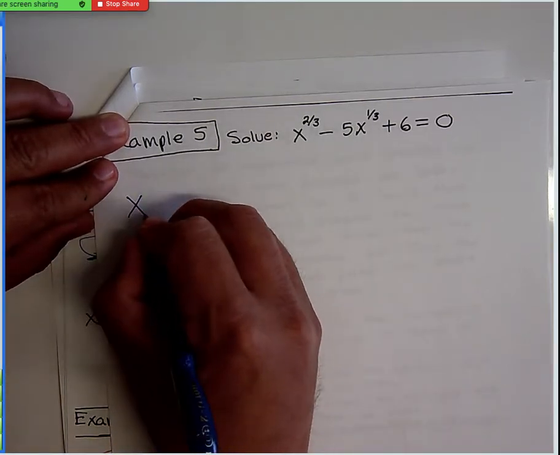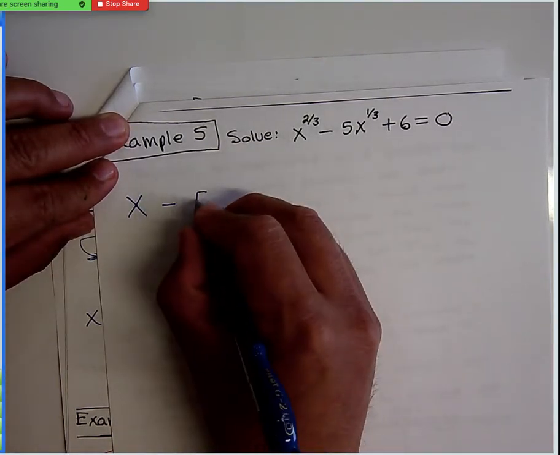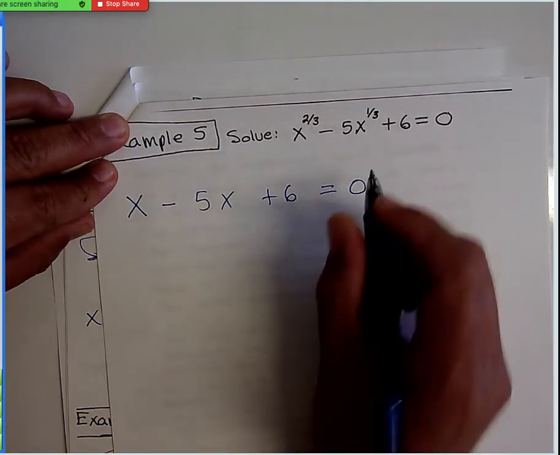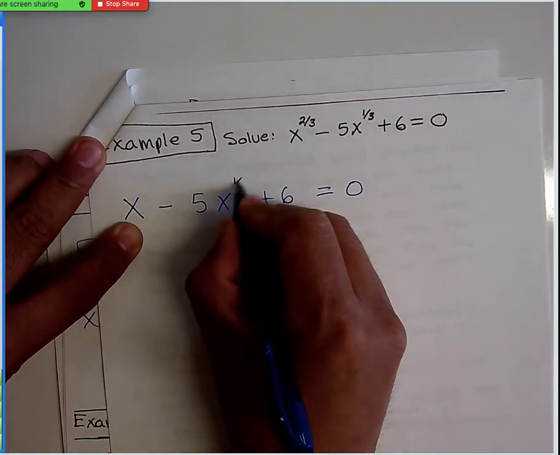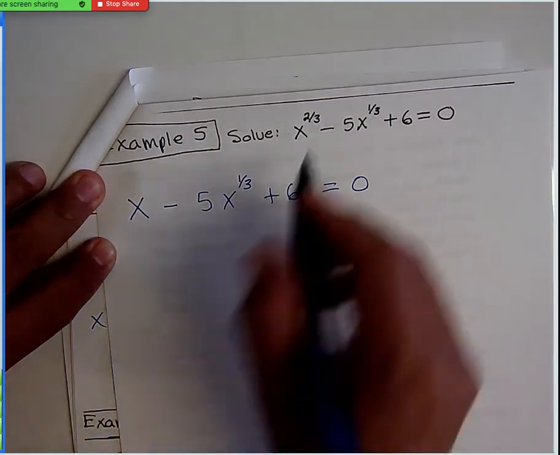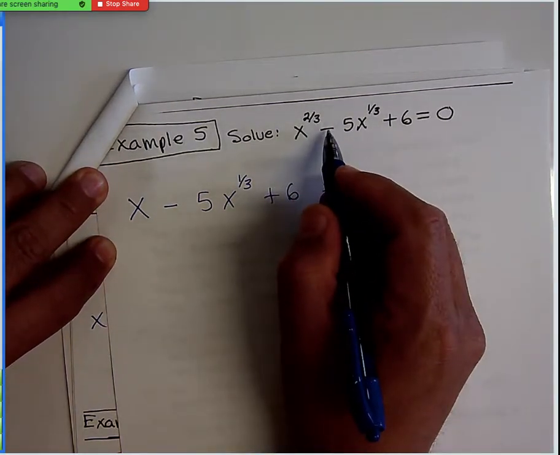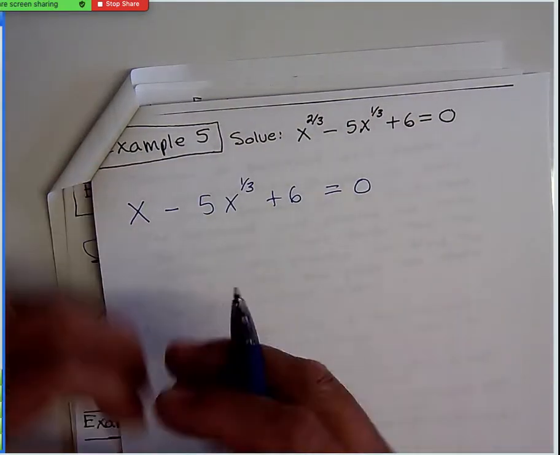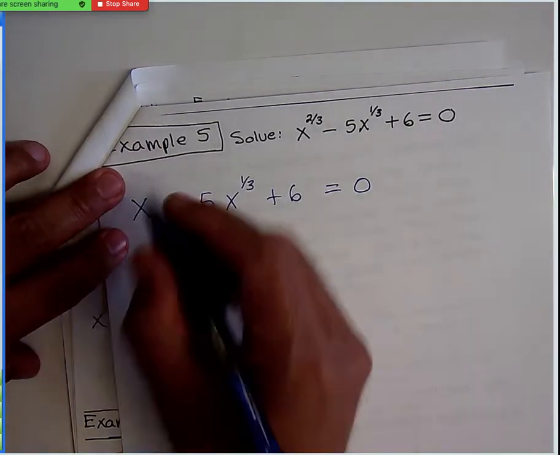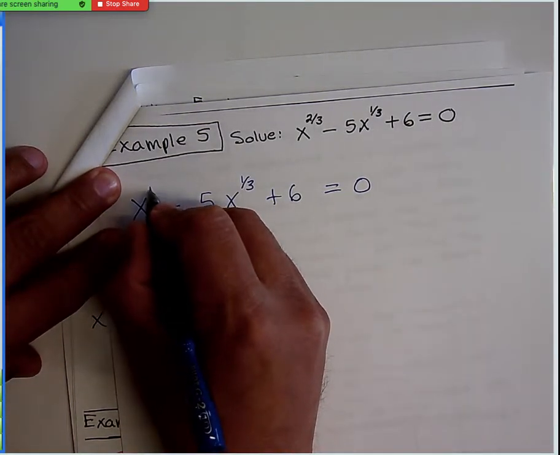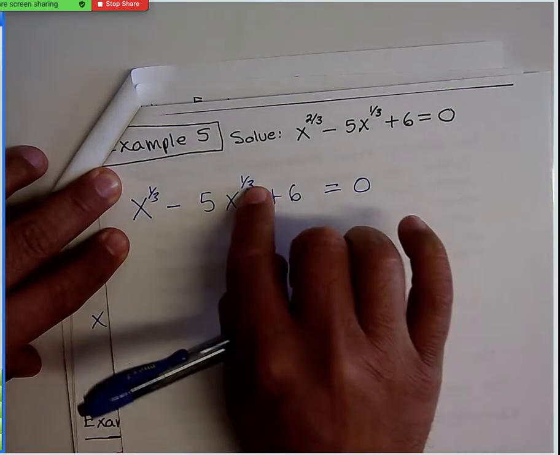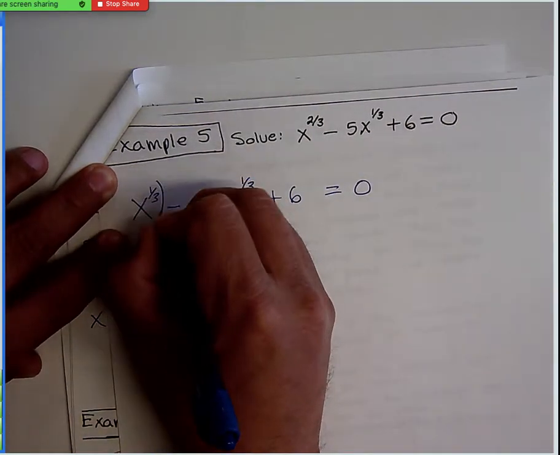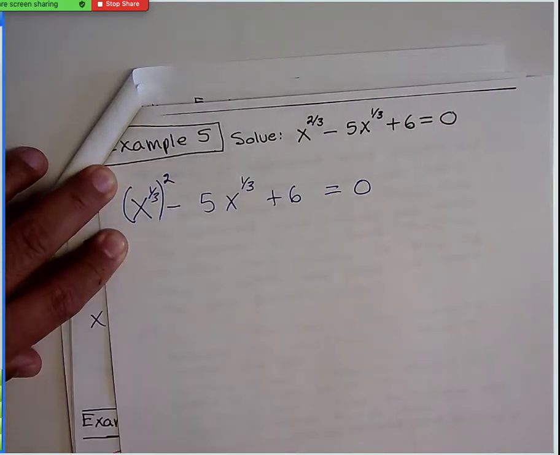So let me copy this first. Okay, so that one has a 1/3 here. That one has a 2/3. This exponent can be split into two things like this. So you can have the 1/3, and that 2 on top, I can go ahead and carry it and put it outside as an exponent.